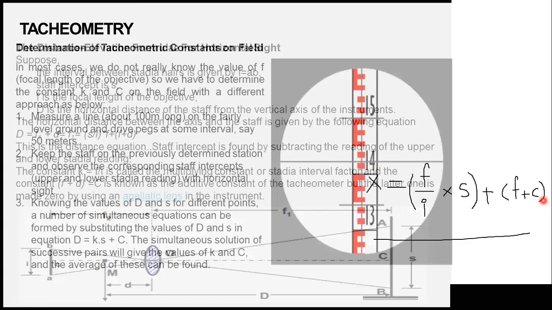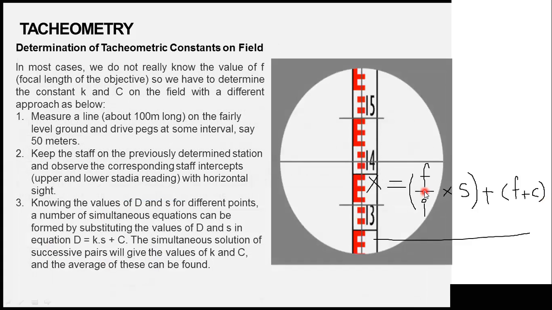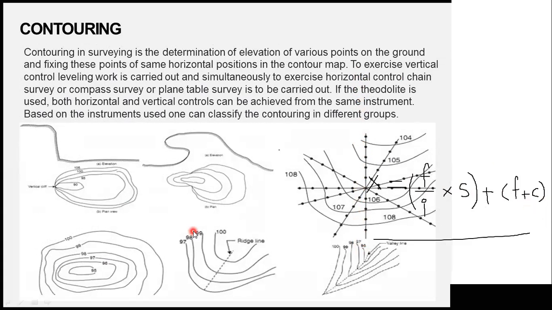So this is all about tachometry, and you can solve simple numericals based on it using this formula: horizontal distance is equal to f by i into s, plus f plus c, the additive constant. Now the next topic is one numerical based on tachometry also.